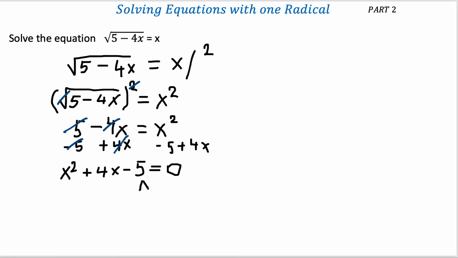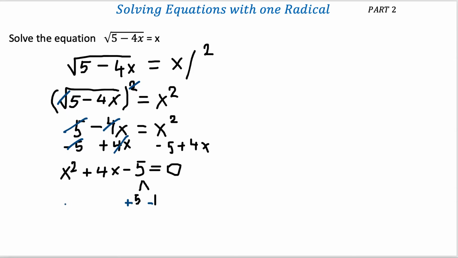And the factors of 5 are 5 and 1. And I'm looking at how I can reach this term 4. Here is a plus 5 and minus 1; plus 5 minus 1 is 4.